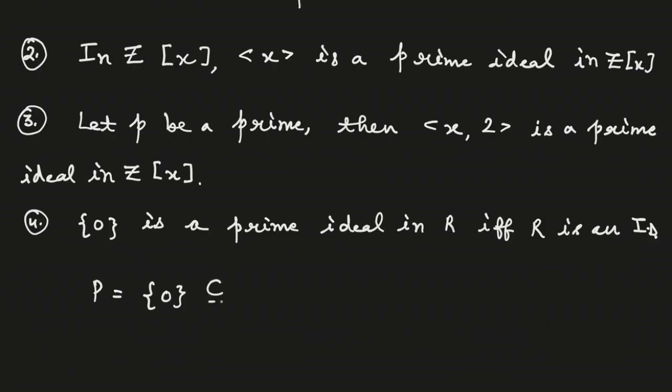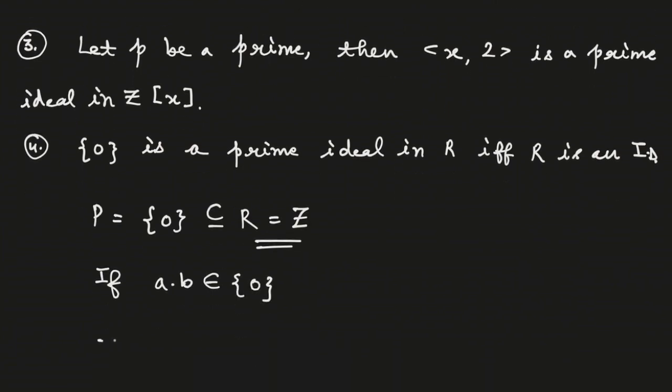This is a proper subset of this ring Z. Now if A into B belongs to P and P is the singleton 0, this means that AB is equal to 0, and we know that Z is an integral domain, so it does not have zero divisors.